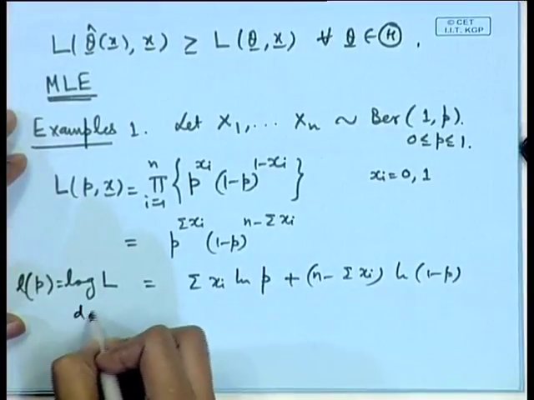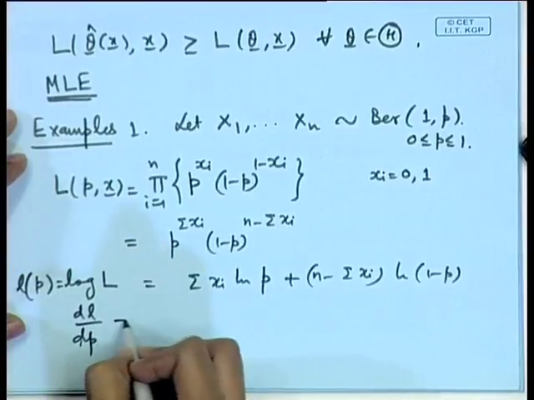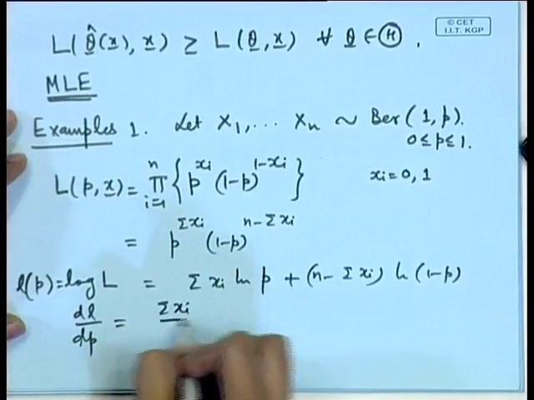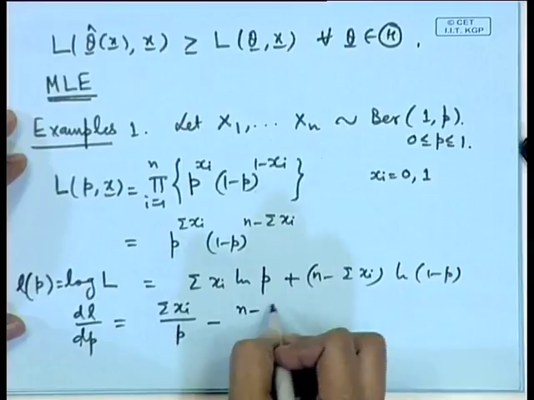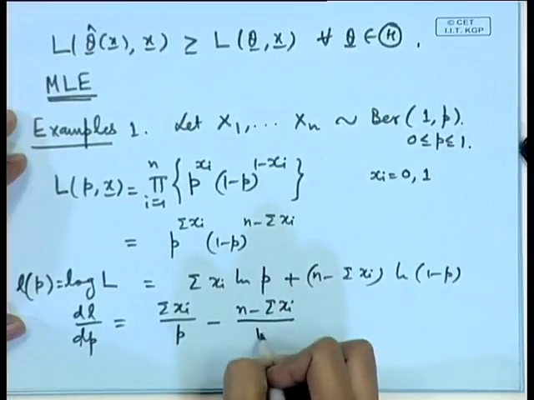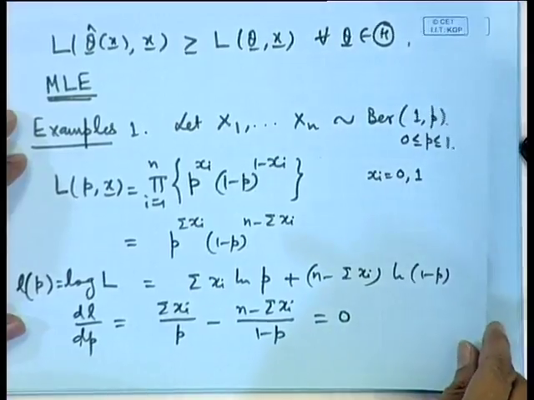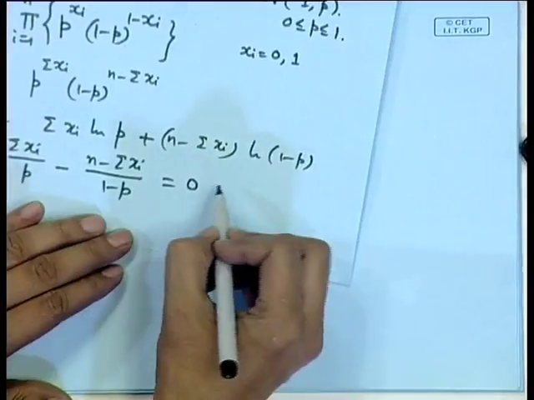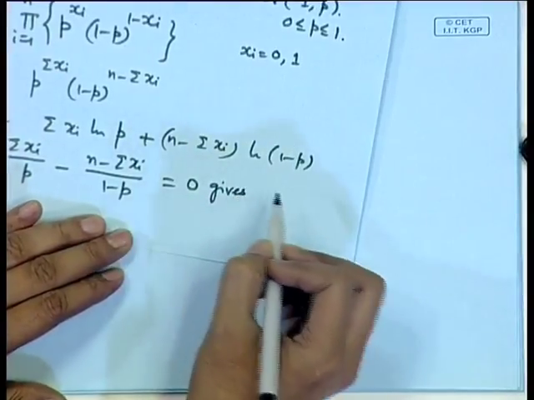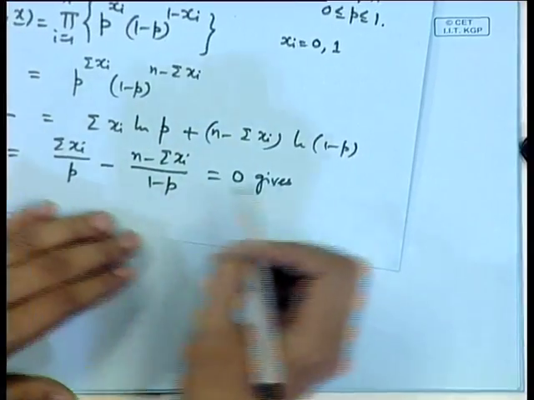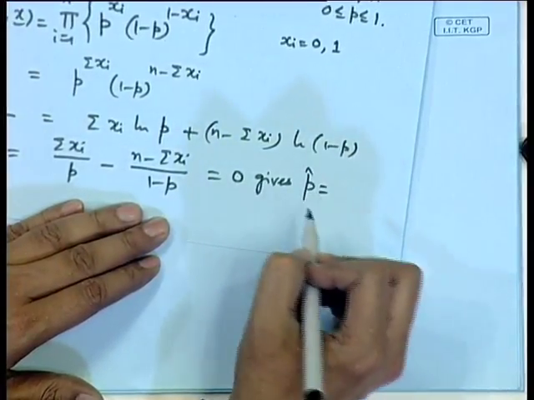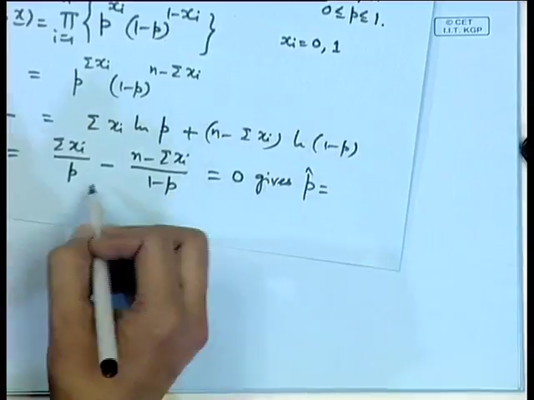So, dl/dp is equal to sigma xi by p minus (n minus sigma xi) by (1 minus p), that is equal to 0. Now after some simplification we will get p hat.